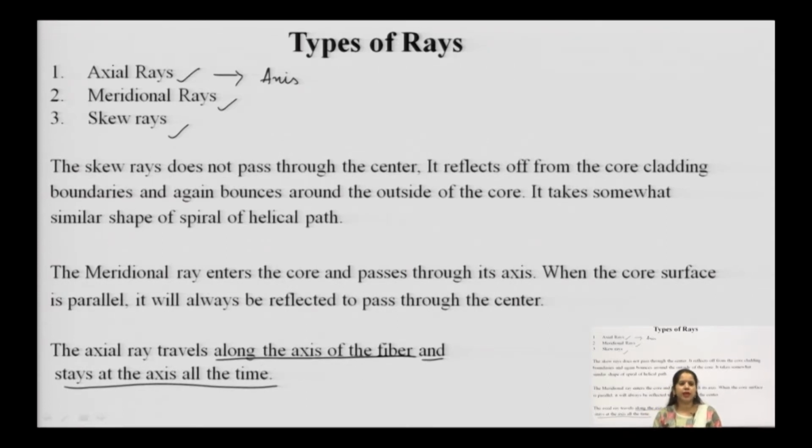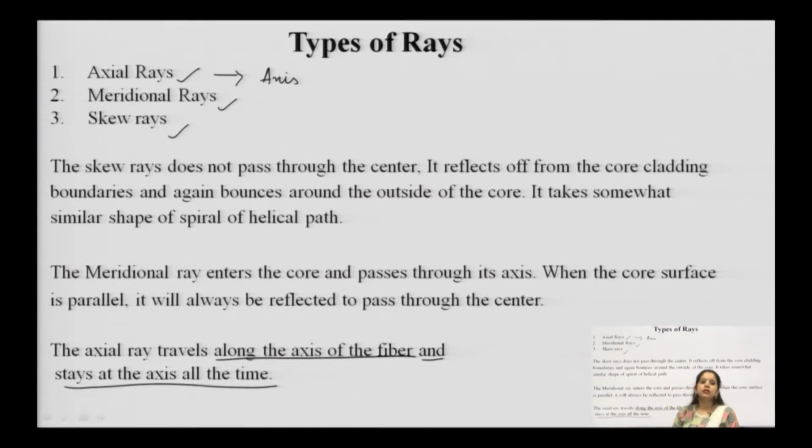It travels parallel to the axis of the fiber and stays along with it throughout the transmission process. It does not move here or there during the whole transmission process.